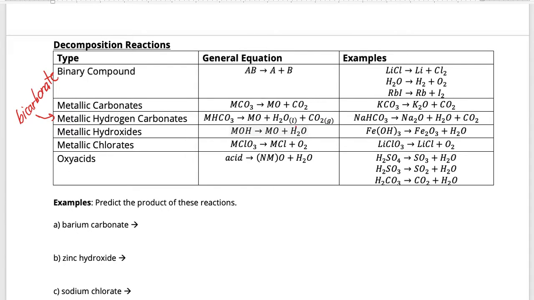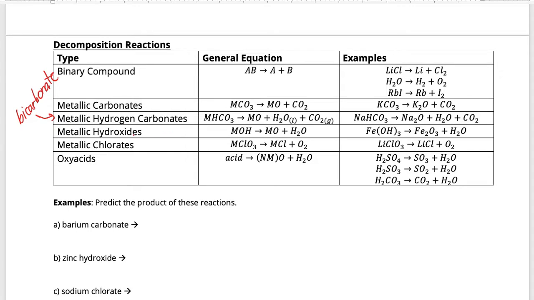I put the state symbols in there, don't stress, but again, it's good practice to start recognizing things. So the metal hydrogen carbonate breaks into three pieces: a metal oxide, so the sodium oxide, a water, and a carbon dioxide.